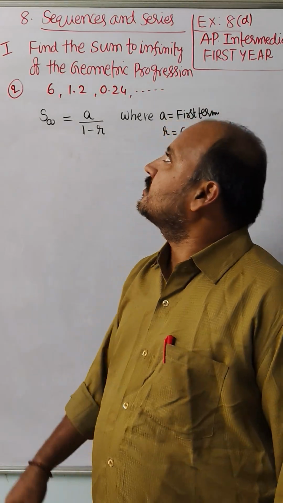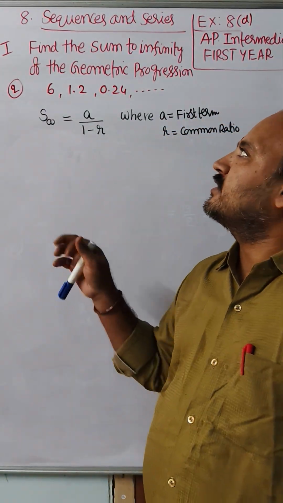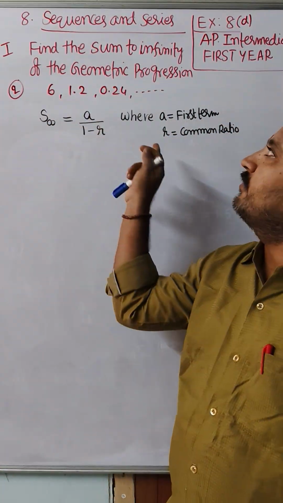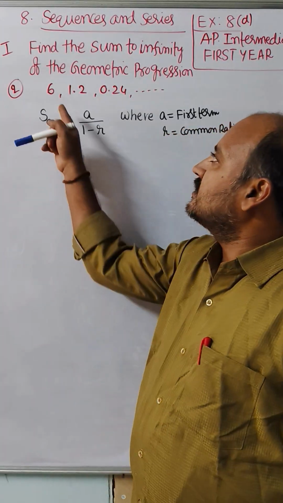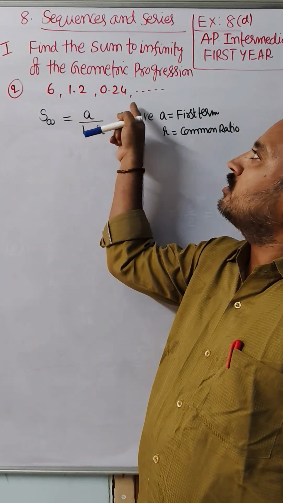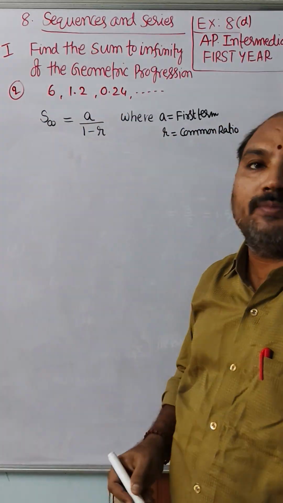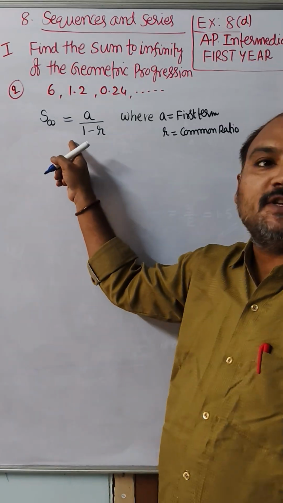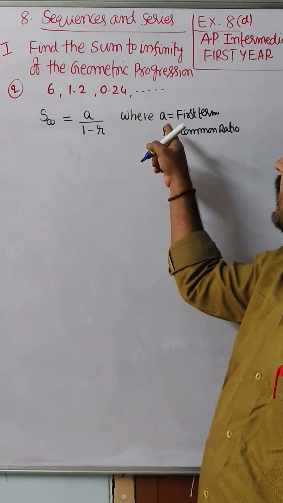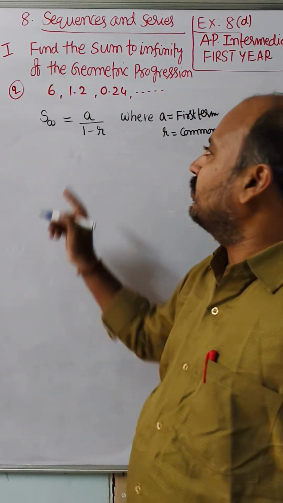Here a question from sequence and series, find the sum to infinity of the geometric progression 6, 1.2, 0.24, and so on. Sum to infinity formula is S infinity equal to A by 1 minus R. A is the first term, R is the common ratio.